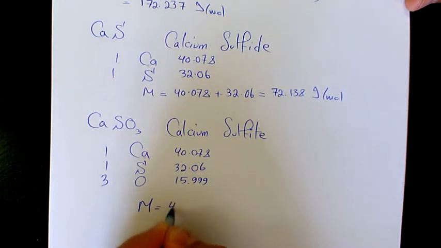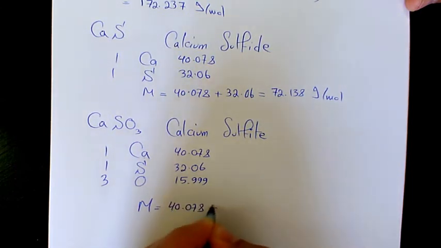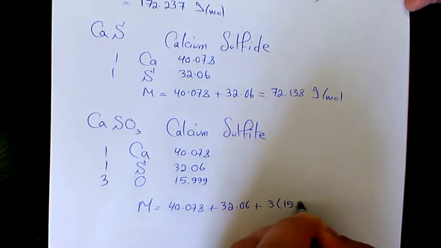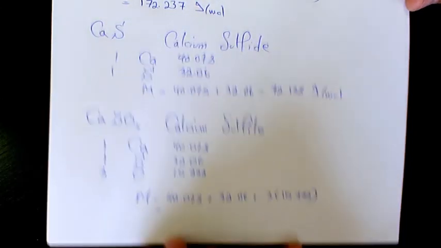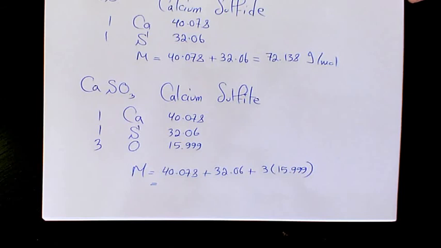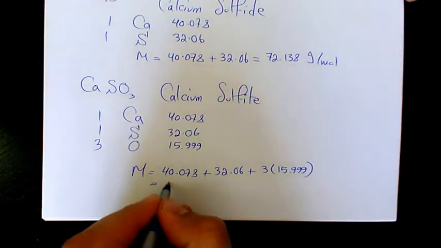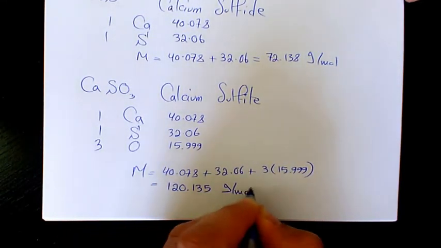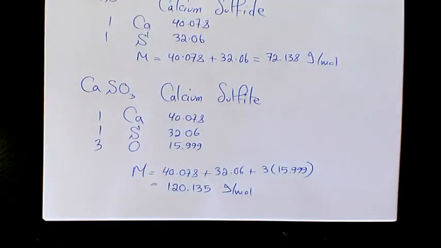So that's going to be 40.078 plus 32.06 plus 3 times 15.999. That's going to be 120.135 grams per mole. So these are some examples of compounds containing calcium and their molar masses.